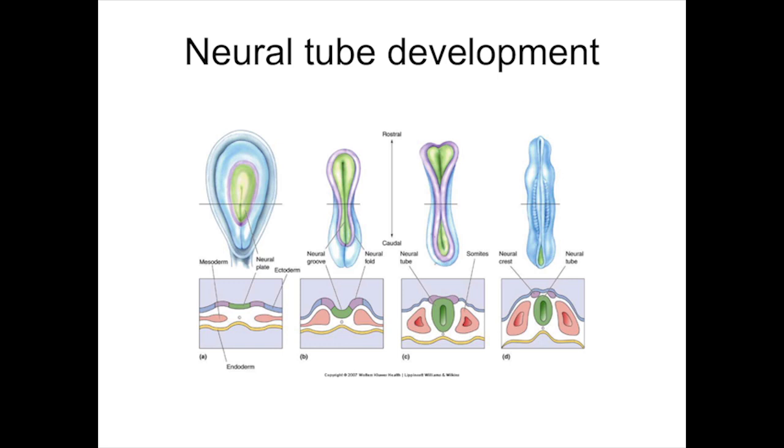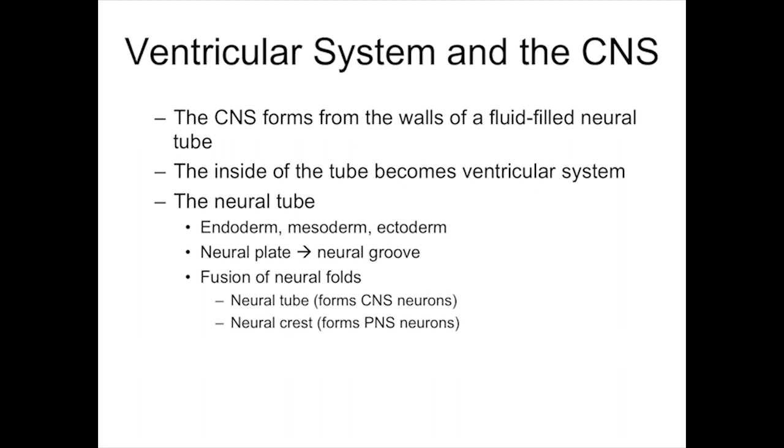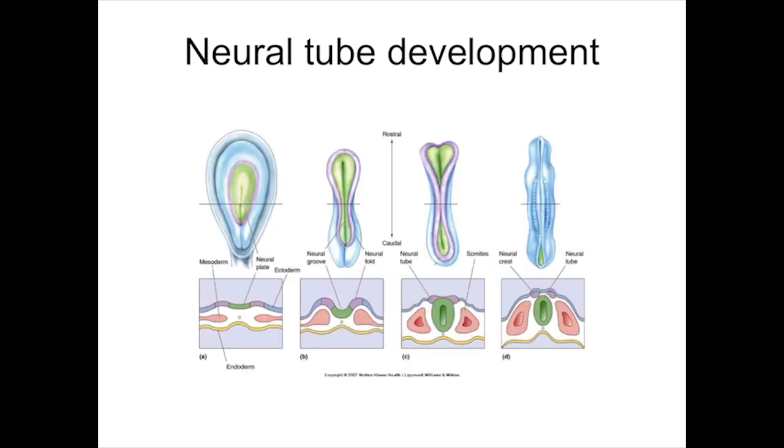And then you have these guys that are right next to it, which become the peripheral nervous system. And so that tube ends up becoming the ventricles and the cerebral spinal canal, the spinal cord. So there are multiple layers of this. There's the endoderm, the mesoderm, and the ectoderm.